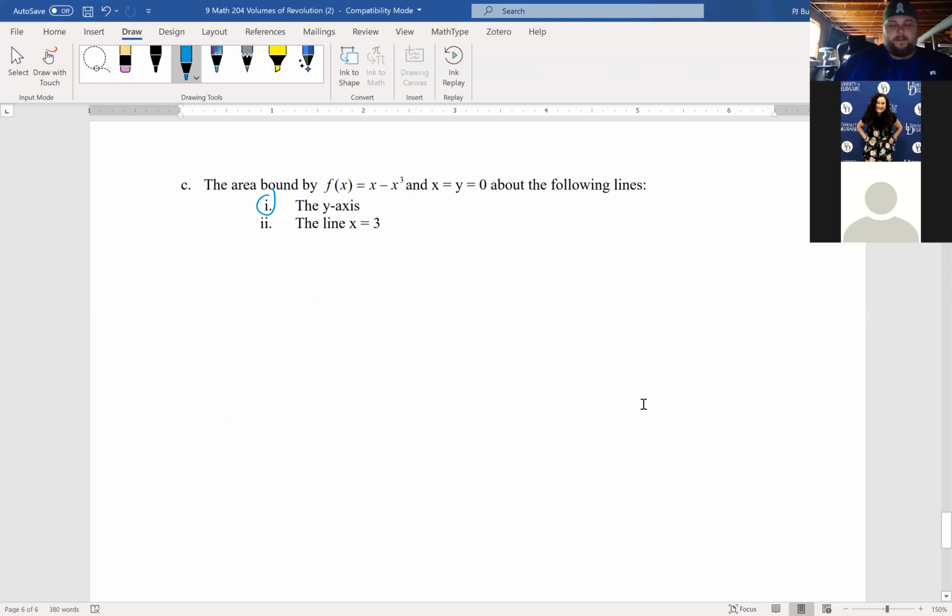So if I come back here now and just do a quick sketch of this guy. So it went like that. And it tells me to rotate about x equals 3. So this point from the graph looked like 1, 2. So I'm rotating about this point.